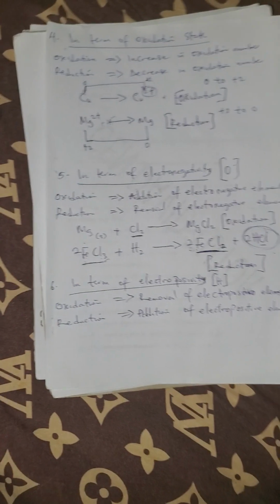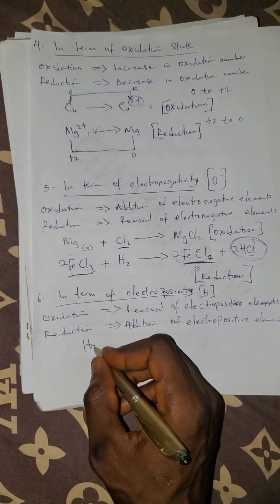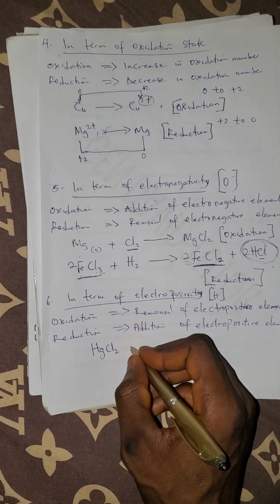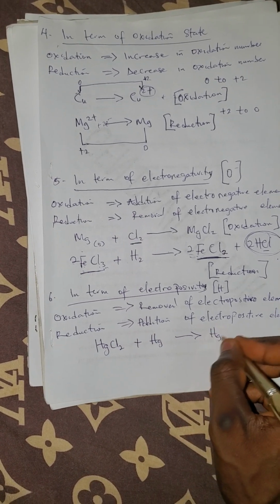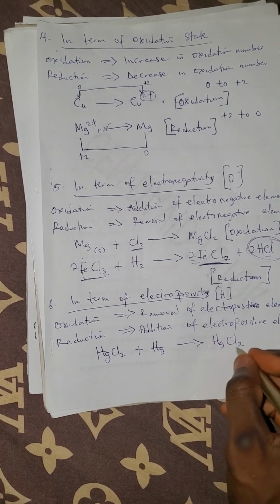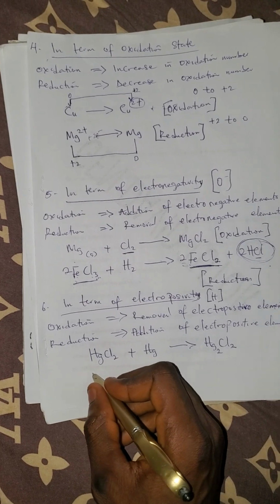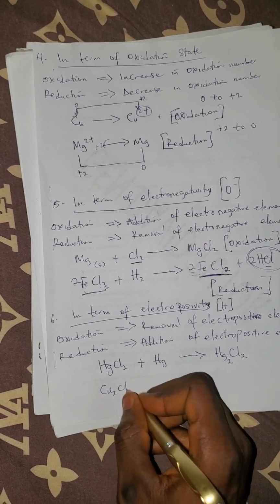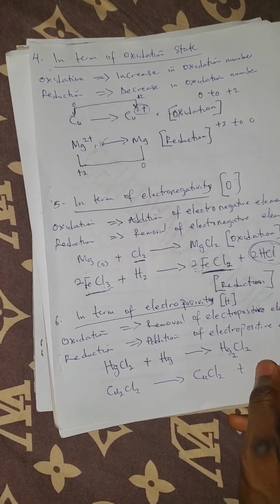Now let us check. Let's say you have Hg2Cl2 plus Hg to give us HgCl2, and you have Cu2Cl2 to give us CuCl2 plus Cu.